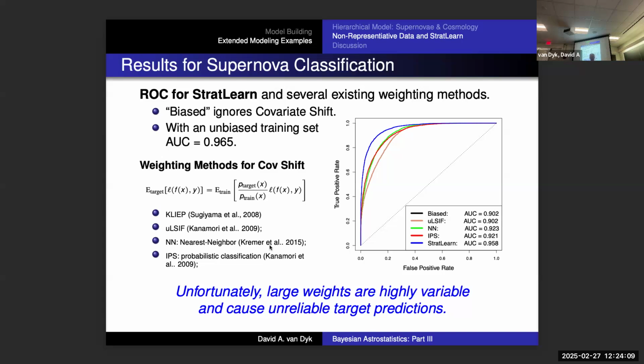Even if for 99% of your data it's a completely fine estimator, if for a little fraction of the data it explodes and gives you a very highly variable estimate, the overall estimator can be quite bad. That's essentially what happens with all of these weighting methods. This is our method, the top one, and these are various weighting methods down below. Unfortunately, large weights are very variable and cause unreliable target predictions.